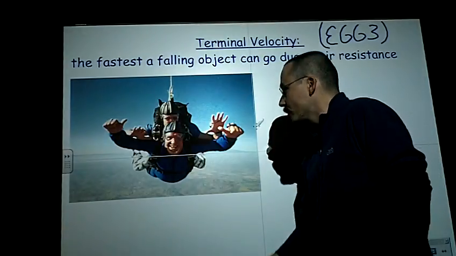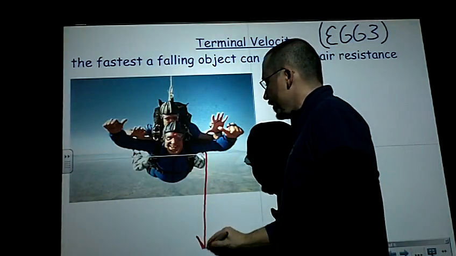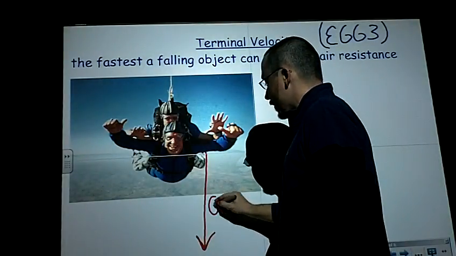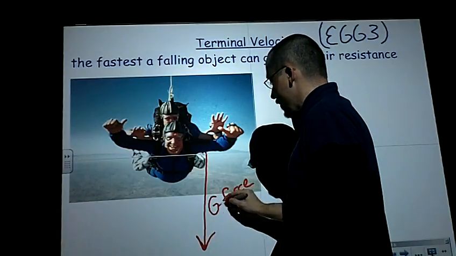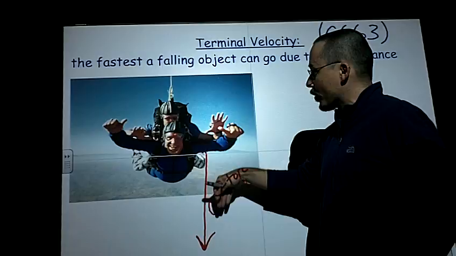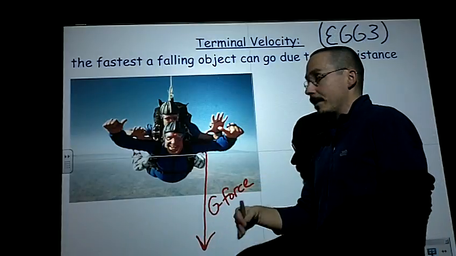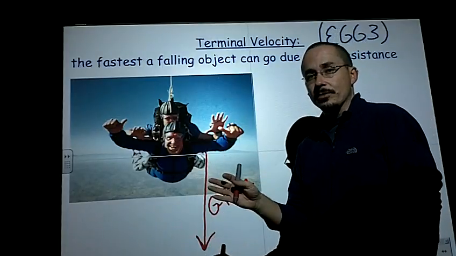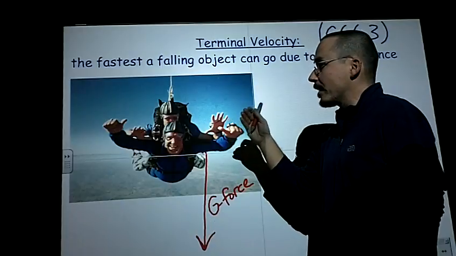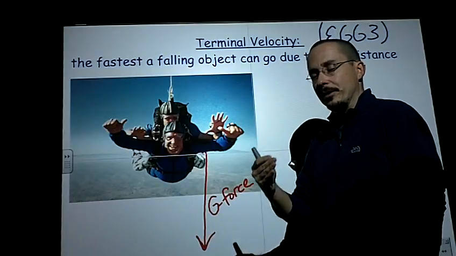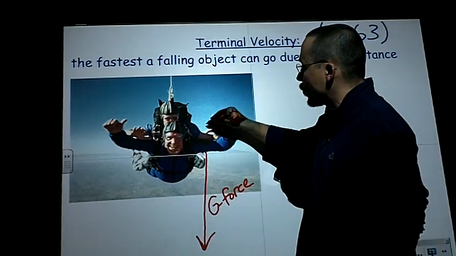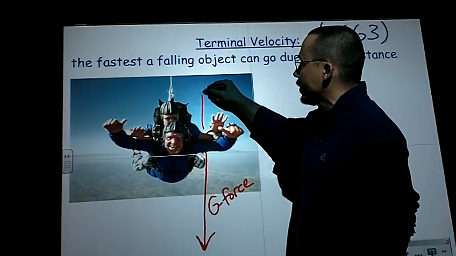So you have the force of gravity pulling down on your body, which we'll call the G force, not to be confused with the guinea pigs. We have the gravitational force pulling you down, and that might be pulling with many hundreds of newtons worth of force. But as you get going faster and faster, accelerating at that 9.8 meters per second squared, it gets windier and windier.